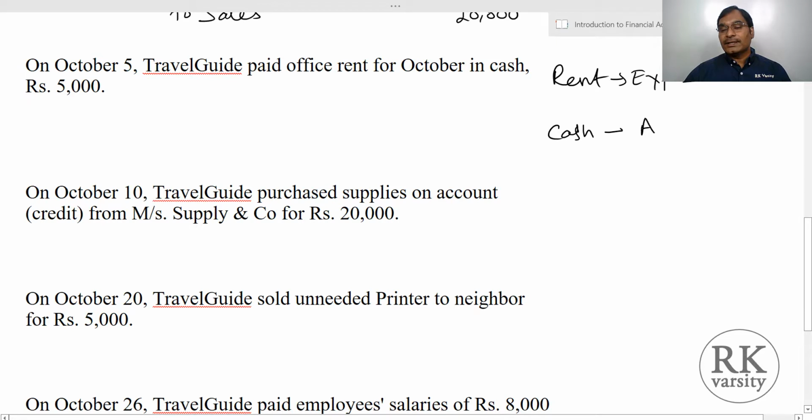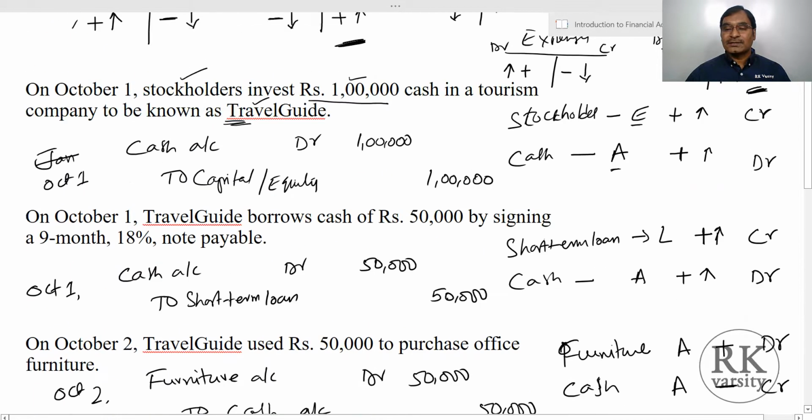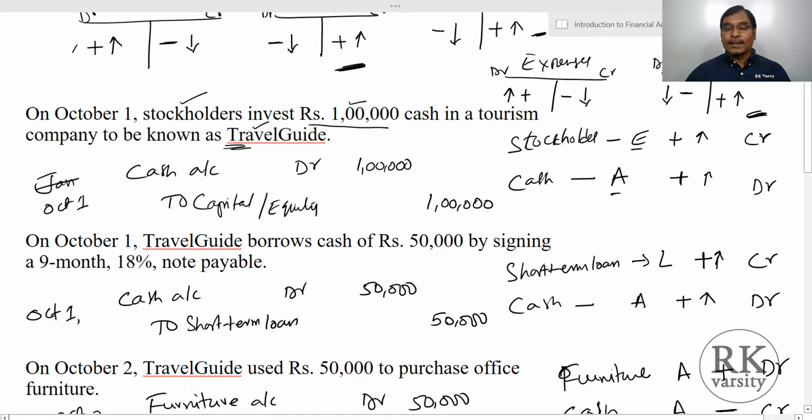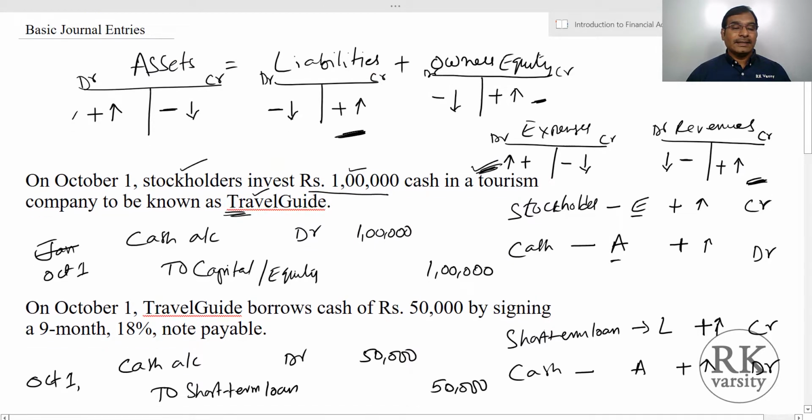Here you are paying the expense, that is rent increased, and you are paying out the cash, so cash is decreased. Decrease in cash is credit and increase in expenditure is debit. Now we'll cross check once again. Increase in expenditure, so this is a debit, and decrease in your asset, so this is a credit.